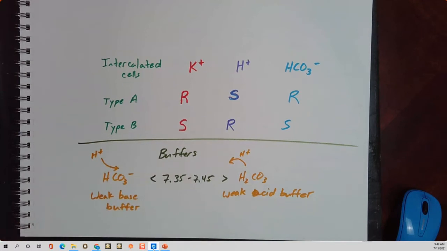But look what we're doing here. I take bicarb, I add a hydrogen, I make carbonic acid. So I go from a weak base buffer to a weak acid buffer. And I'm just going to jump back and forth between these in the body. Pretty cool, huh? It's this really nice, smooth balance during most normal everyday activity.